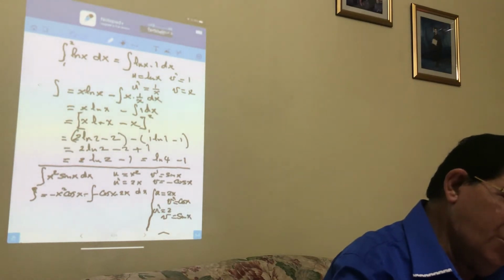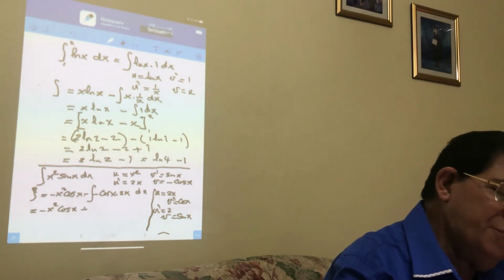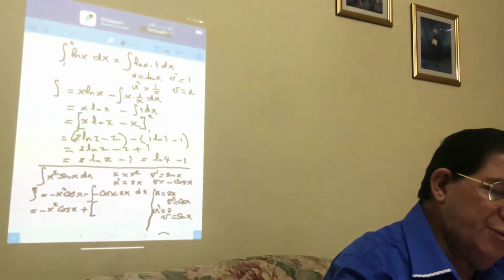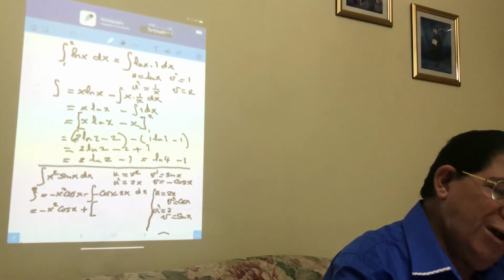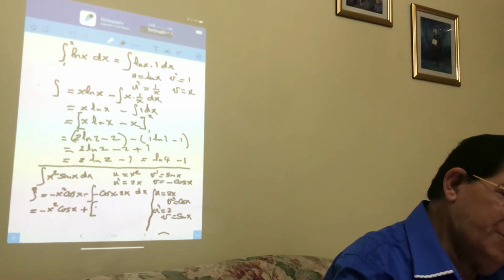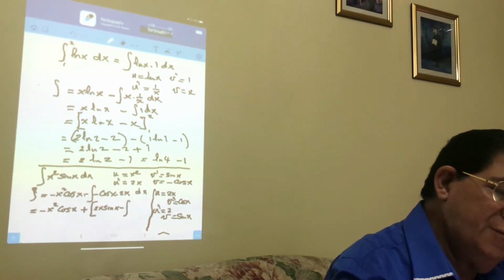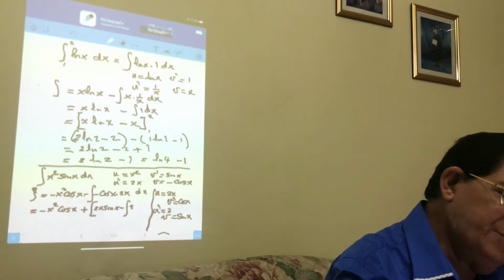Therefore this is equal to negative x squared cosine x plus, now we open bracket, we had the integration of 2x cosine x. The rule says uv equals 2x sine x minus the integration of v, which is sine x, times u dash, which is 2 dx.